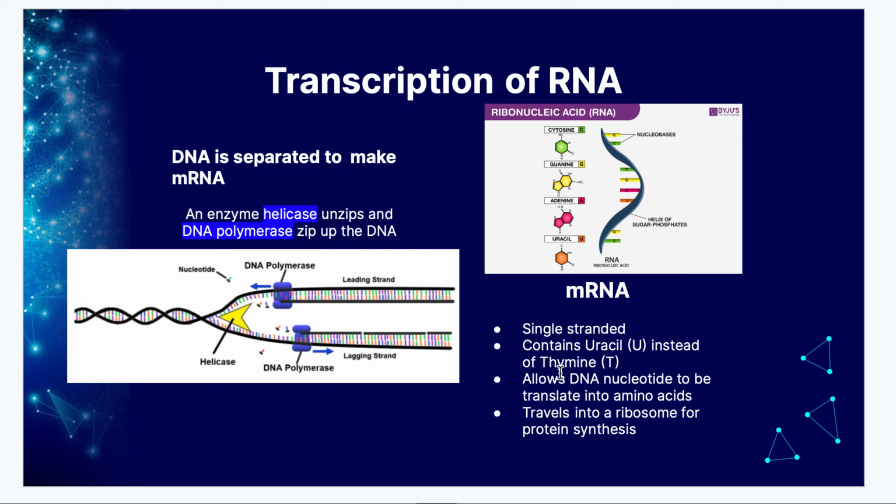The base pairing for DNA is adenine: A always attaches to thymine T, and cytosine C always attaches to guanine G. However, in the RNA, instead of using thymine, the thymine is replaced with uracil. The RNA is then transported as mRNA, called the messenger RNA, into the ribosomes in the cytoplasm for translation.